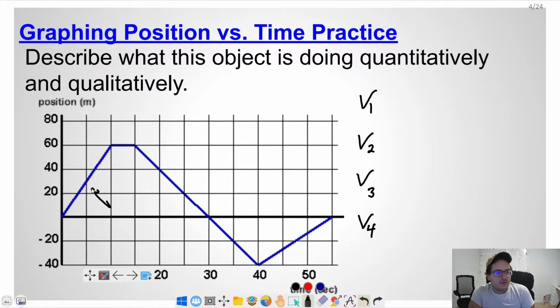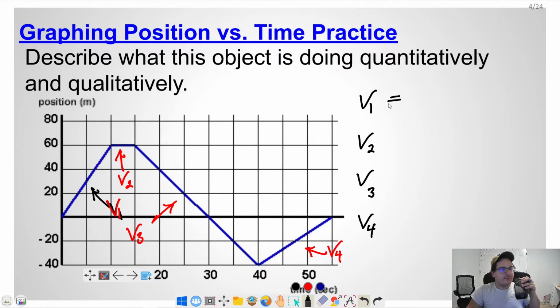We'll call this velocity 1. Let's do this in red so we can see it. So we got velocity 1, velocity 2, velocity 3, and velocity 4. Okay, so go ahead and pause the video. Try this out on your own. Do I get the slopes or the velocities that I should be getting?